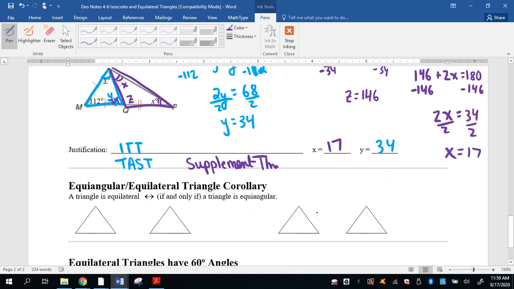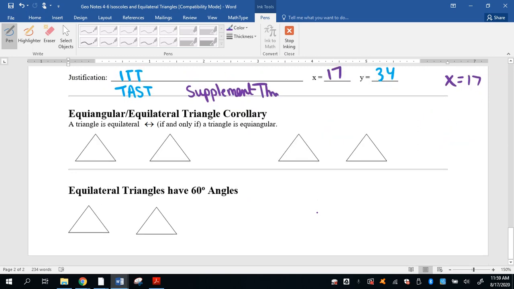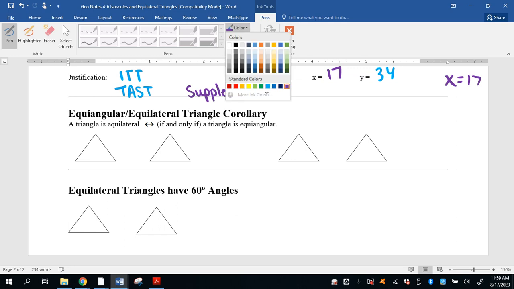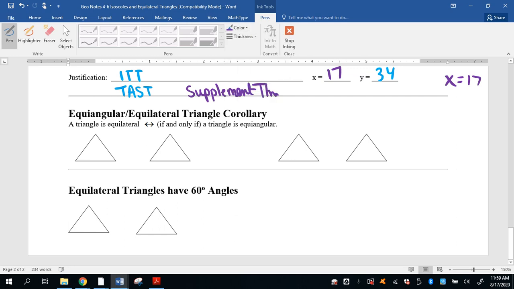Okay, last thing I want to teach you in this section is that if you have an equilateral triangle, then it's also going to be equiangular. If that is true, then the base angles are the same. For instance, think about this triangle being an isosceles triangle with those two as the legs. Therefore, the base angles are congruent.